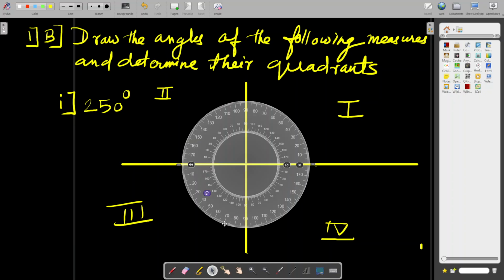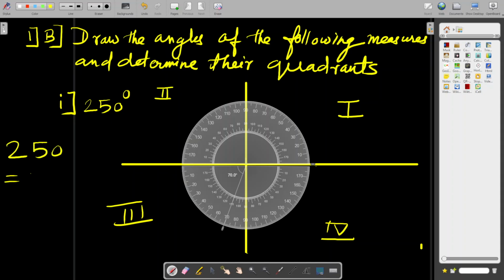It will be here. This is 180 plus 70 degree. So 250 can be written as 180 plus 70.